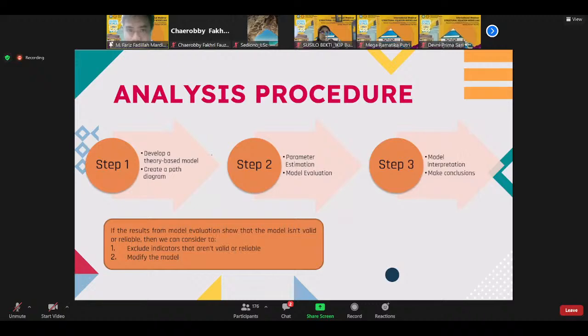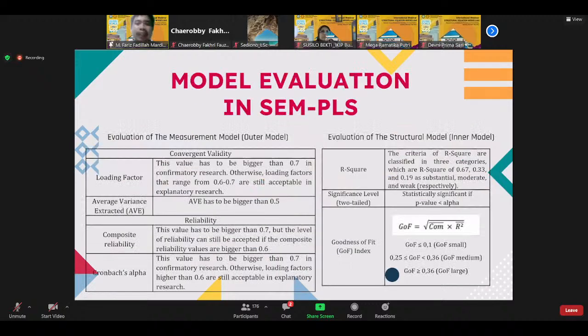Okay. And then model evaluation in SEM-PLS. For reliability and validity, we use loading factor. This value has to be higher than 0.7, same as the previous method.